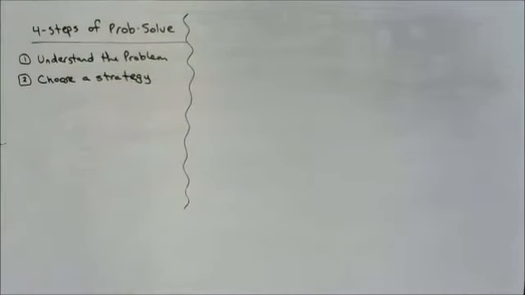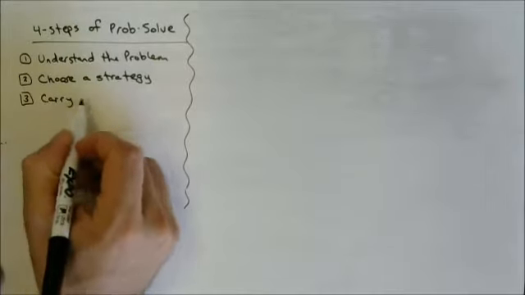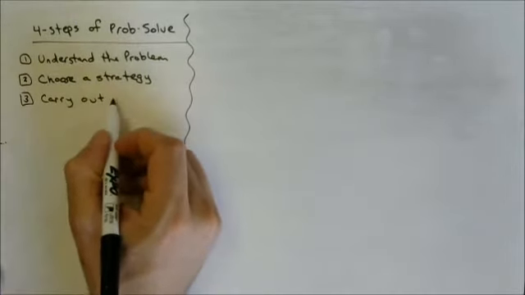Now, there are lots of strategies that you can choose, such as guess and check. But typically, we're going to be using algebra. We're going to figure out what algebra tools we have and see what we need to apply, okay? Then we're going to carry out the strategy.